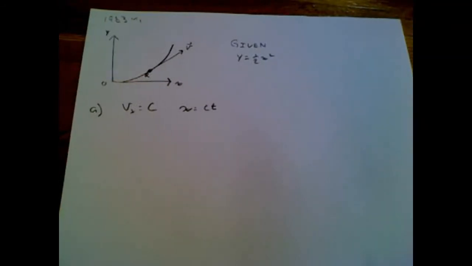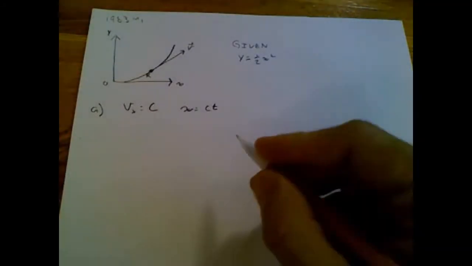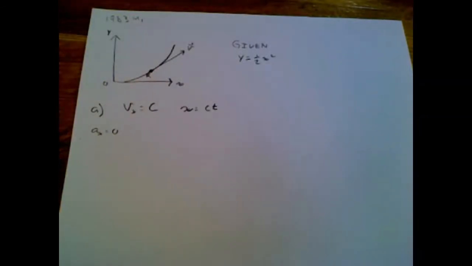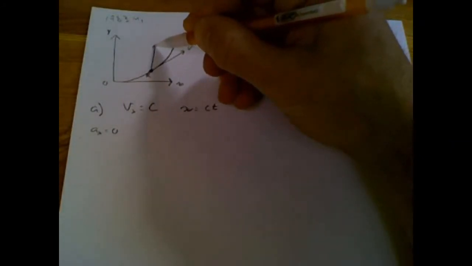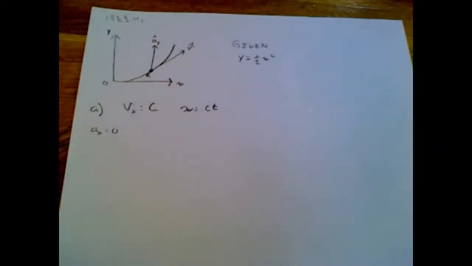The acceleration in the x direction is 0, right? If ax is equal to 0, that must mean all of my acceleration is in the y direction. So my y component is strictly, I can even label it ay, but that is all of my acceleration, the only acceleration in that direction. So that's part A.